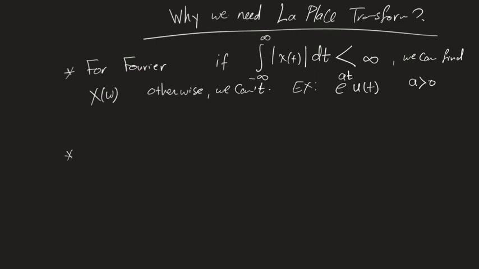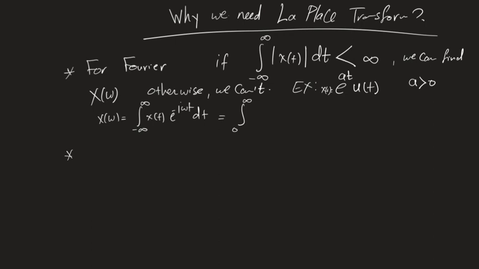So if this is my x of t, then my x of omega in this case is equal to the integration from minus infinity to infinity, x of t e to the minus j omega t dt, and then you substitute. When you substitute the unit step, your integral becomes from 0 to infinity only, because the negative side is equal to 0, so it's not part of the integration.